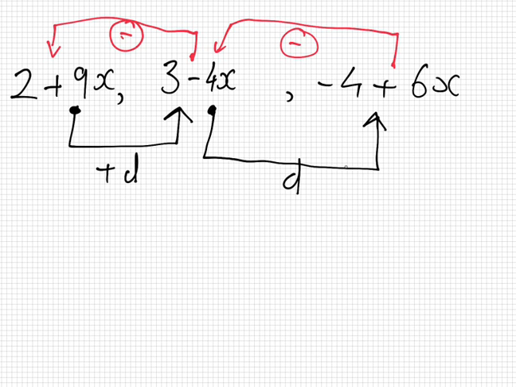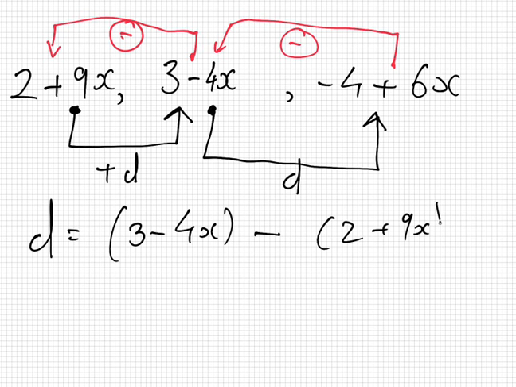Another way to say it is 2 plus 9x plus d should equal 3 minus 4x. But it doesn't matter which way you say it; choose one. I will stick with d equals 3 minus 4x minus 2 plus 9x.